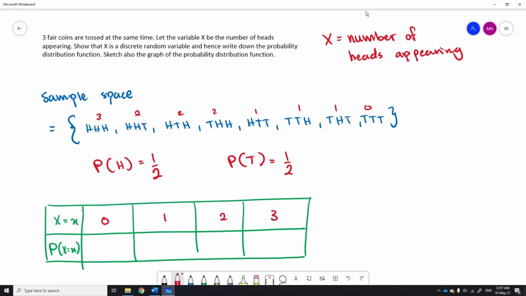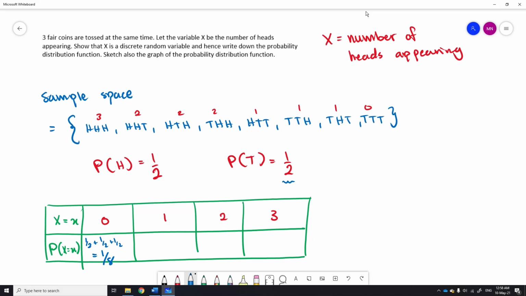Okay, and then the probability of getting 0 head appear, means all 3 are tail, is 1 over 2 from the tail, 1 over 2, and 1 over 2, because there are 3 coins. We have tail, tail, tail. Sorry, this is not plus but multiply. This is a multiplication. 1 over 2 times 1 over 2 times 1 over 2. So total we have the probability is 1 over 8.